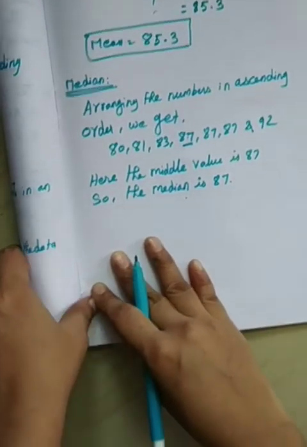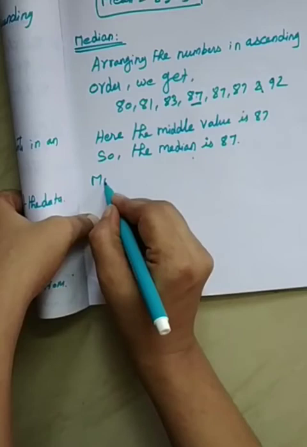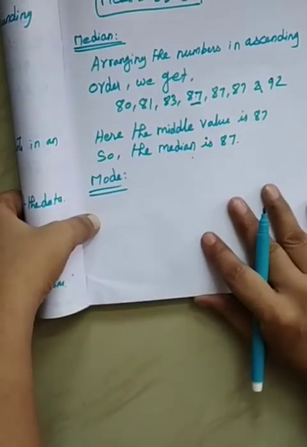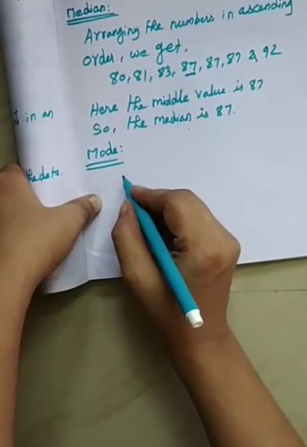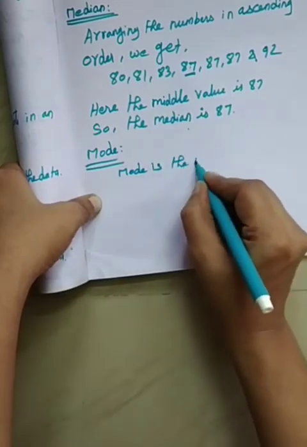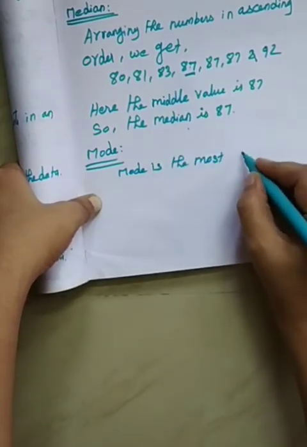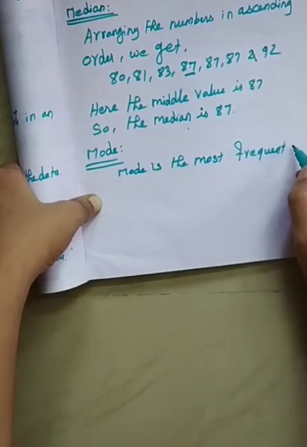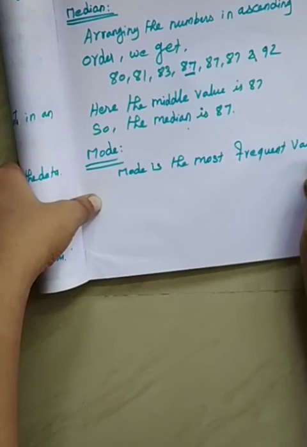After that you have to find the last one, which is mode. How can you find the mode? The mode is the most frequent value, right? Write that line. Mode is the most frequent value, right?